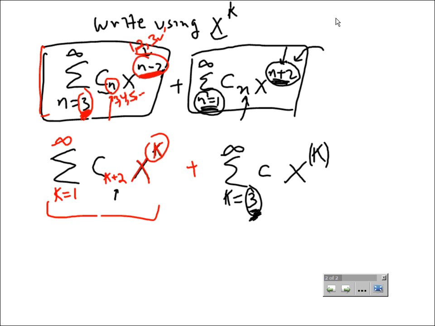Okay, now we need to deal with that subscript. We need a little space. I'm just going to move over to x to the k, move it to the right a little bit. When n starts at 1, that subscript will be 1. When n is the first number it's allowed to be, that subscript will be 1.